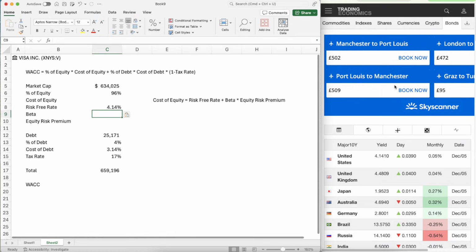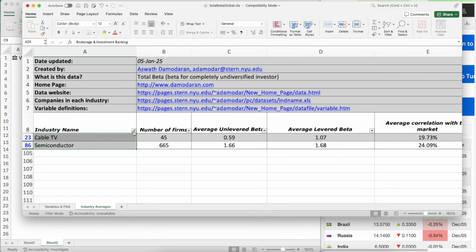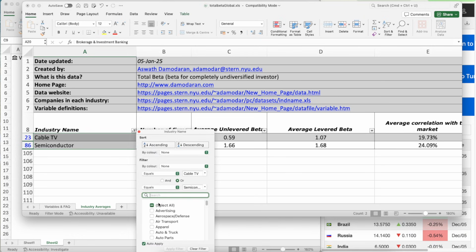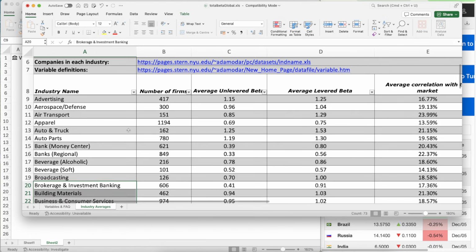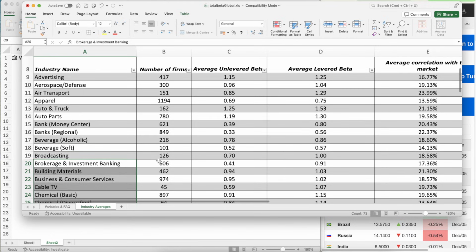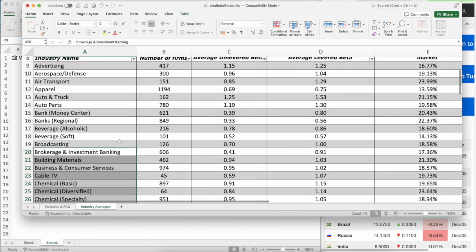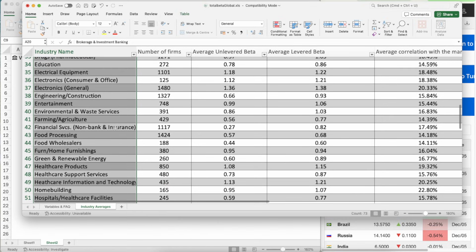Your beta. So we have to pull up another spreadsheet. We want to see what industry Visa operates in. It's finance, but it's not a bank, so we don't use those. So we would say it's financial services, non-bank, and insurance.